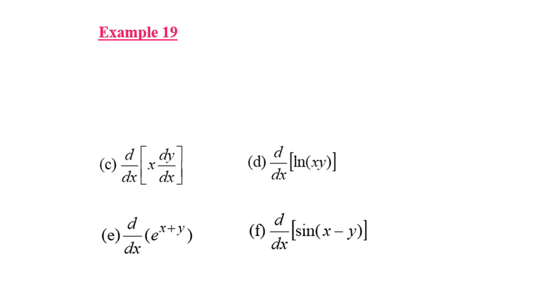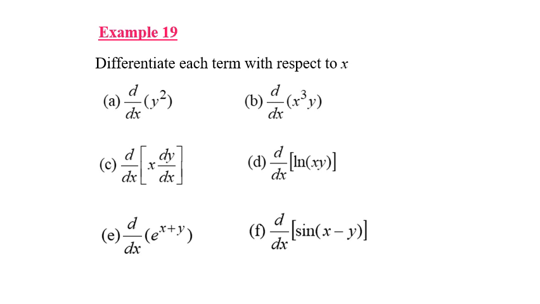So let's take a look at example 19 here. Differentiate each term with respect to x. The first one, y squared. To differentiate y squared, we treat it like x, so we differentiate the power. We bring 2 to the front and the power reduces by 1.